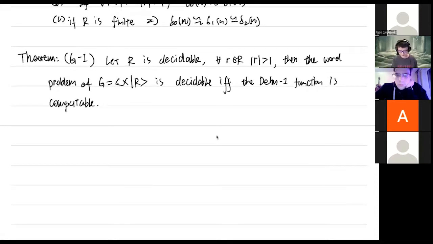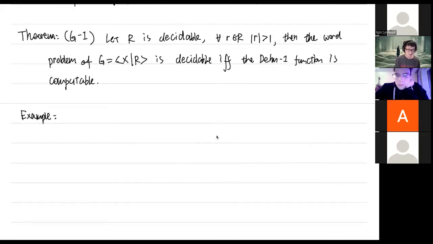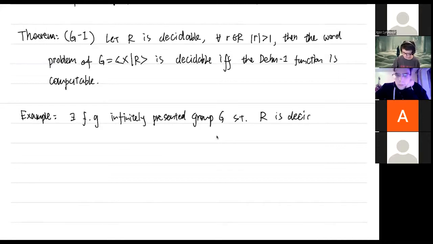But how about the Dehn zero function? They give a counterexample. There's an example of a finitely generated, infinitely presented group G such that R is decidable. Of course, the Dehn function is recursive.